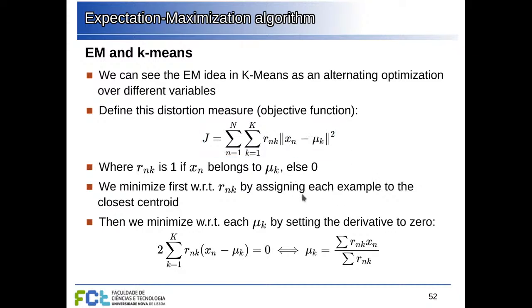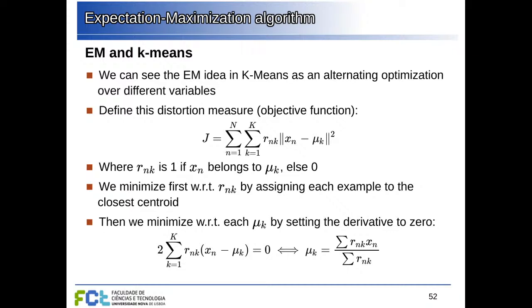So this would be the expectation step. We don't know where each point is assigned to, that's not present in the data, but we can, using the current set of parameters, the current centroids, assign each point to the one that is closest to that point. So this is how we determine this function of where each point belongs to, by assigning each example to the closest centroid.